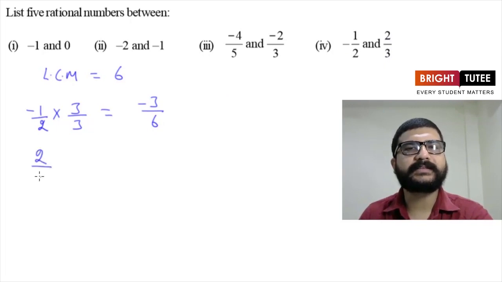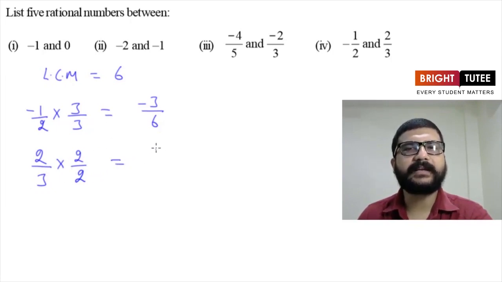So what we have to do with this number, how can we make denominator 6? Here the denominator is 3. By which number should we multiply 3 to get 6? We know 3 ones are 3, 3 twos are 6. So let's multiply this with 2 upon 2. 2 upon 2 is basically 1 only. We are just multiplying the given number with 1, and we can do that because any number into 1 gives the number itself.